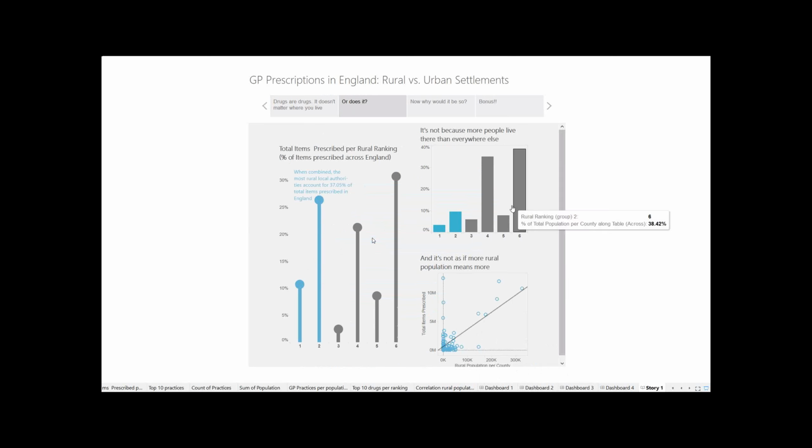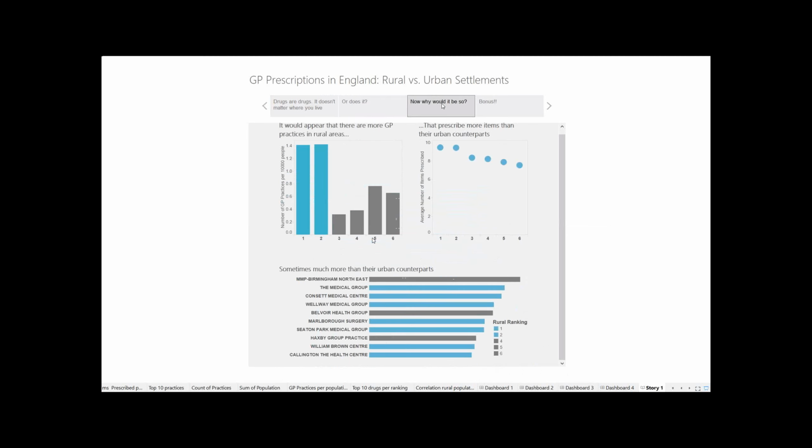So it would appear that the reason why rural GPs prescribe so much is that, for starters, there are way more GPs in rural areas than there are in urban areas. You can see in the first graph, top left, that while all the other areas have even 1 GP practice per 10,000 people, rural areas have almost 1.5 per 10,000 people.